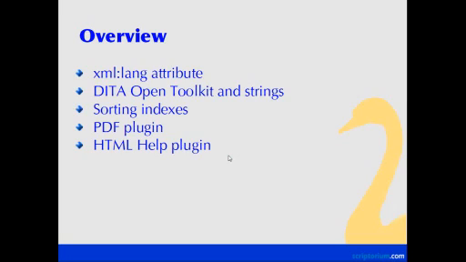One is the PDF plugin, because there's a lot of things that are really done right in the PDF plugin, but it does behave somewhat differently from the standard Open Toolkit plugins, and so we'll look at some of those differences. And then we'll also talk about the HTML help plugin, which has problems of its own, mostly going back to the fact that it was created long before Unicode was really well used.